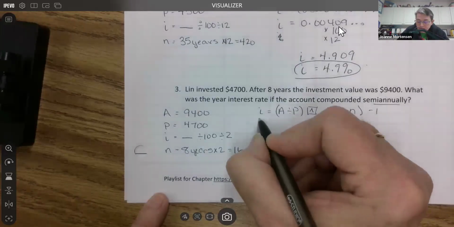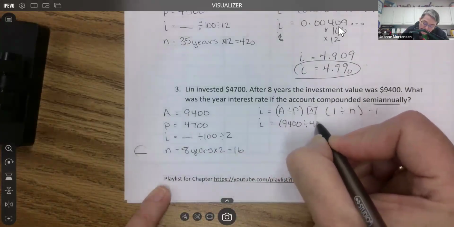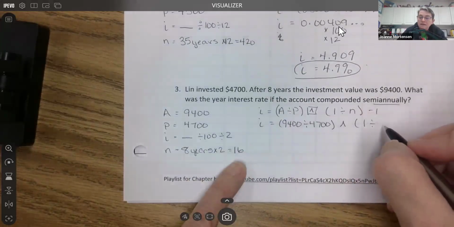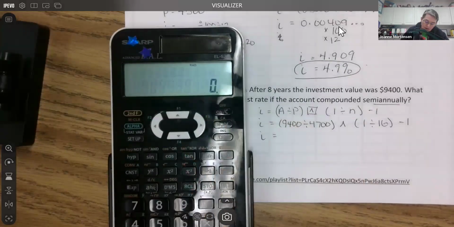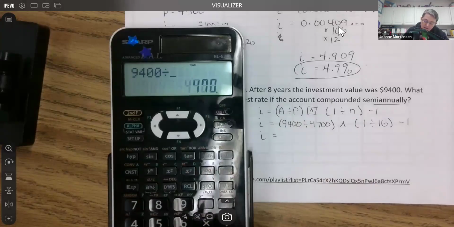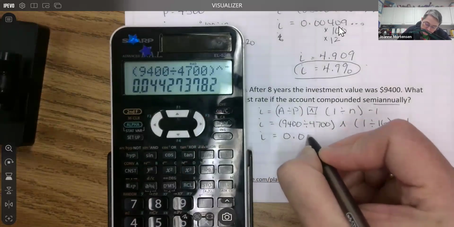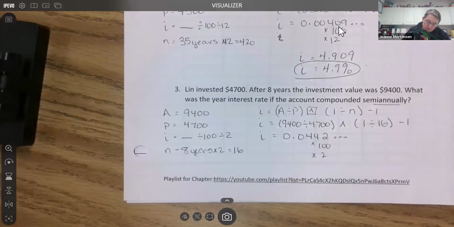Every single time, write out the formula, because that's how I'm learning to memorize it. 9,400 divided by 4,700, in brackets, exponent 1 divided by 16, close that, minus 1, ta-da, 0.0442, and some more, times 100, times 2.